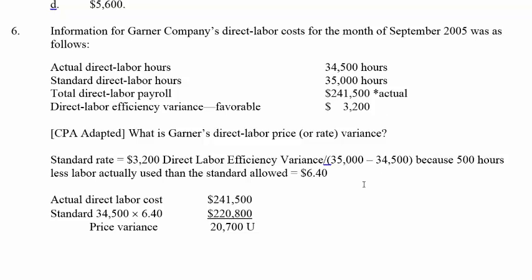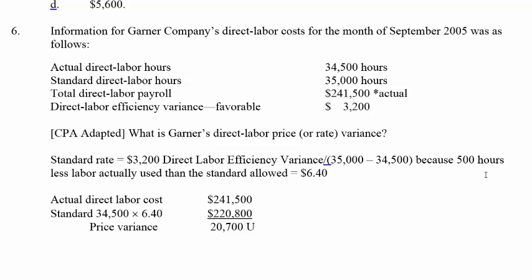All right, so let's take a look at the fact that we had a $3,200 efficiency variance. That $3,200 is directly related to the number of hours that we used, the difference in the two.